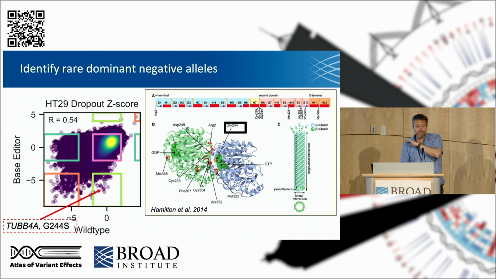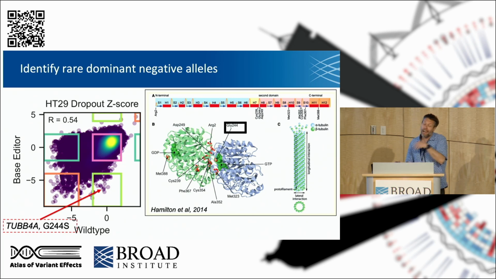However, if you lose it completely, then TUBB4B takes over. So again, in this case it's a well-understood dominant negative allele, but doing this comparison of point mutants that show very different effects with the knockout versus the point mutant is a way, I think, to identify these in a more unbiased way.